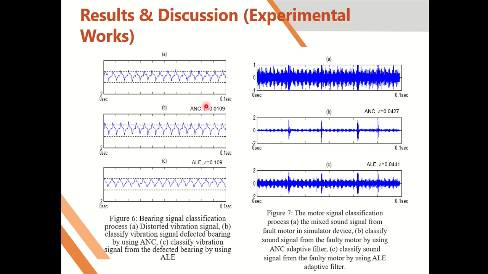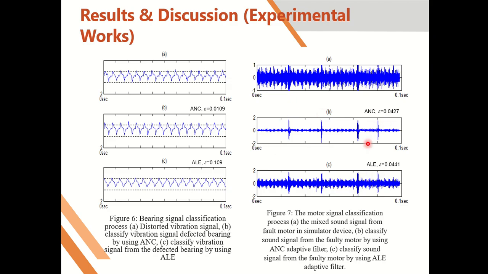Okay, and then the same thing goes for the sound signal. So this one, at 7A, the signal is being mixed with the noise. We can see the peak somehow mixed with the very noisy signal, and then we filter it out by using the ANC and ALE filters.